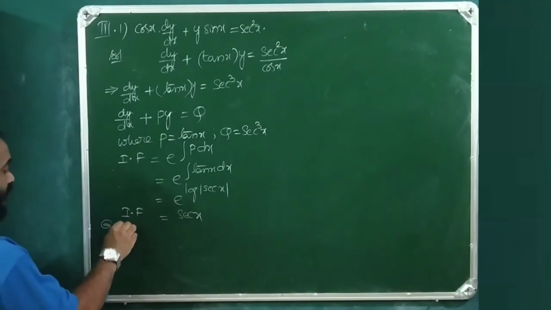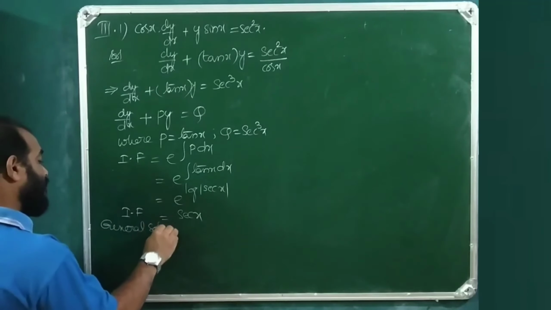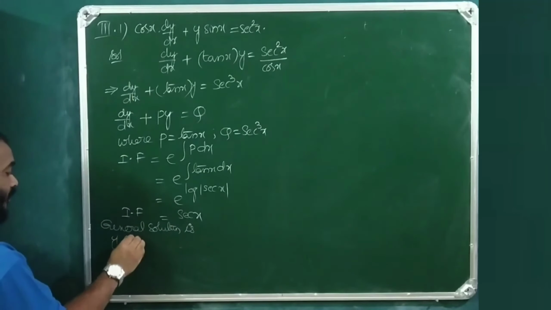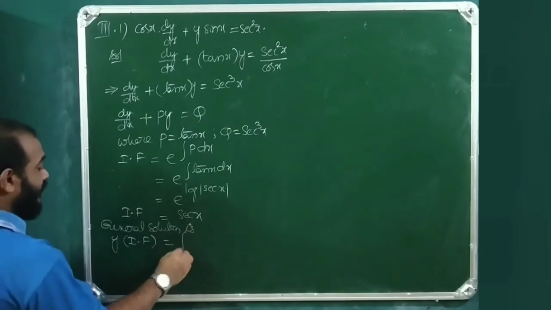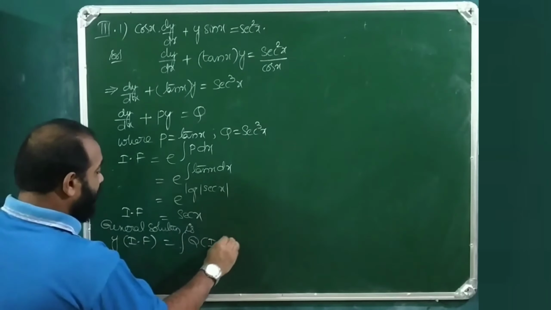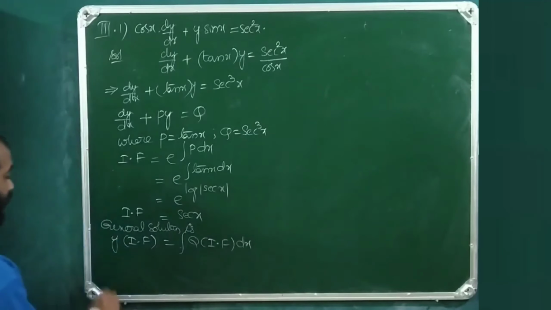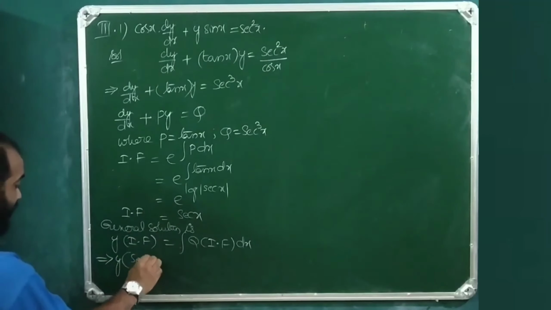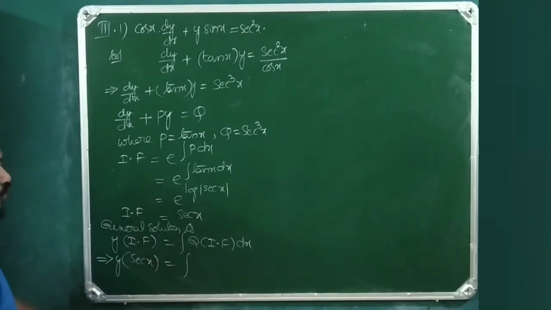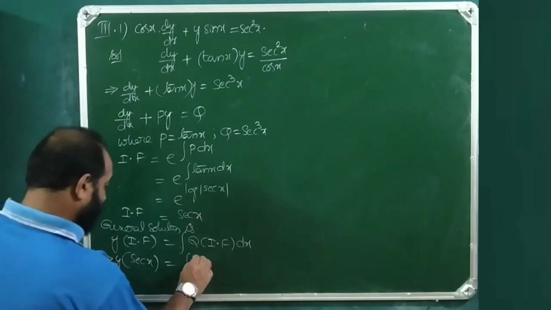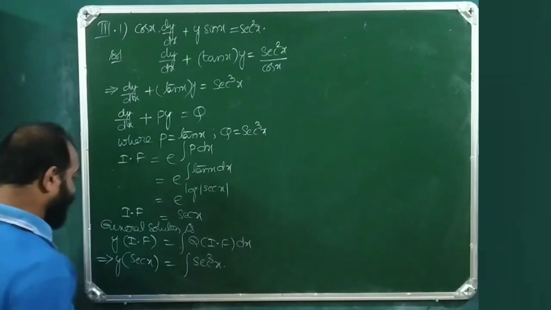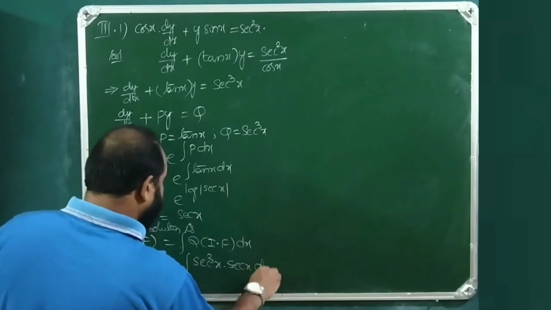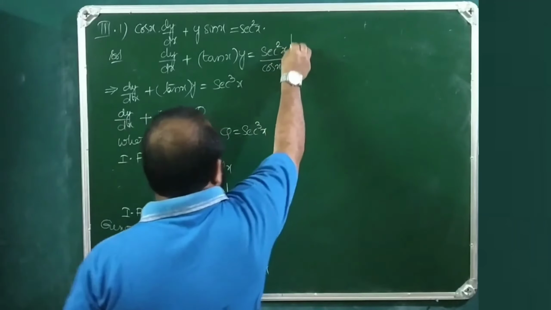Now the general solution is y into integrating factor equals integral q into integrating factor into dx. So y into integrating factor, secant x, equals q, which is secant cube x, into integrating factor, secant x, dx.